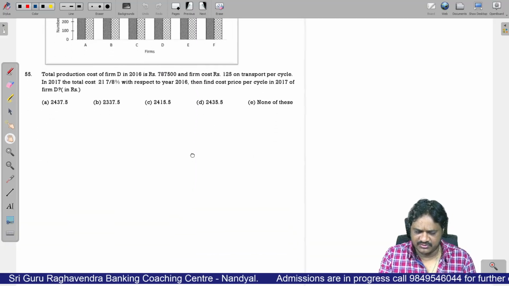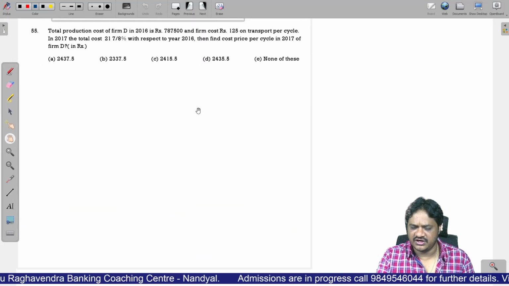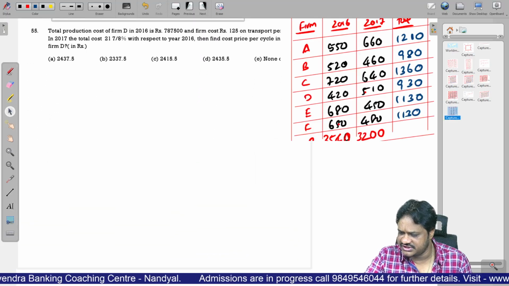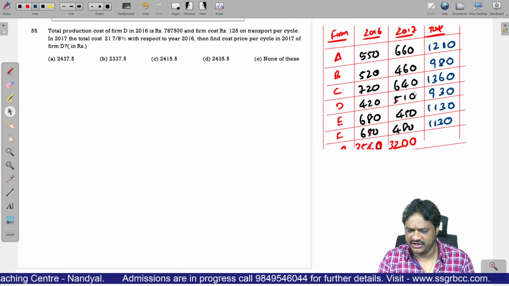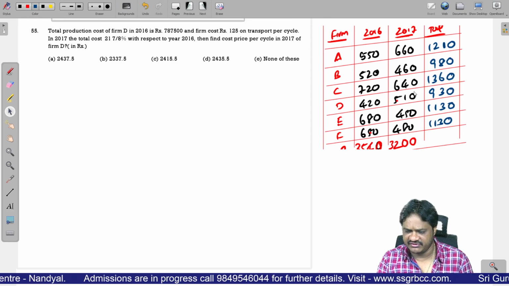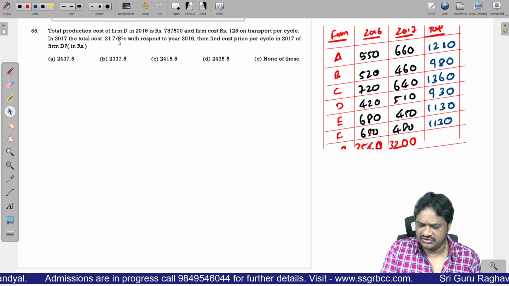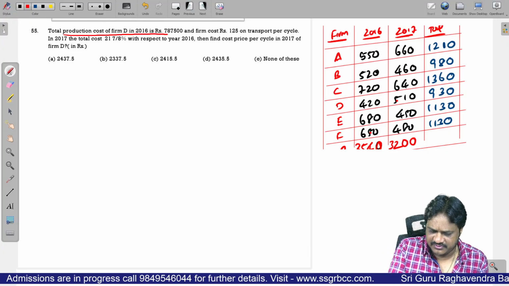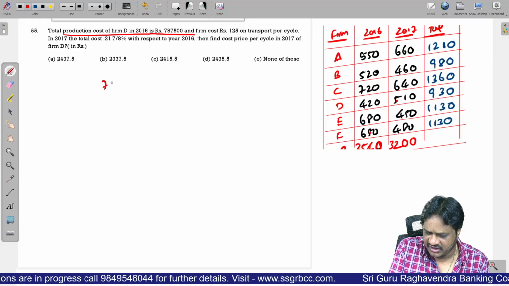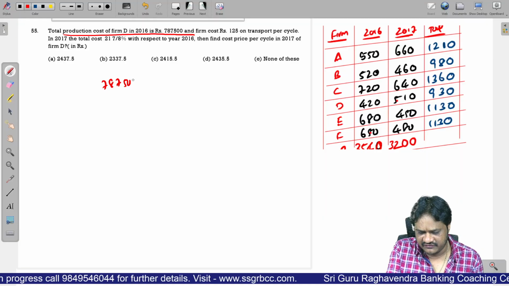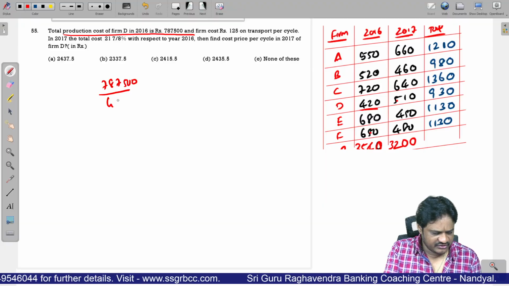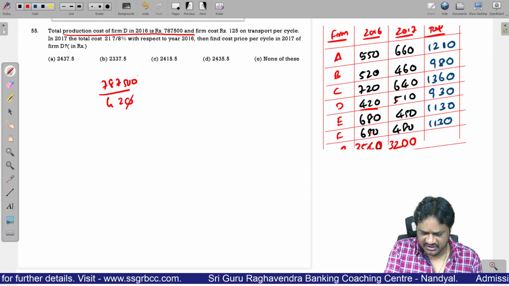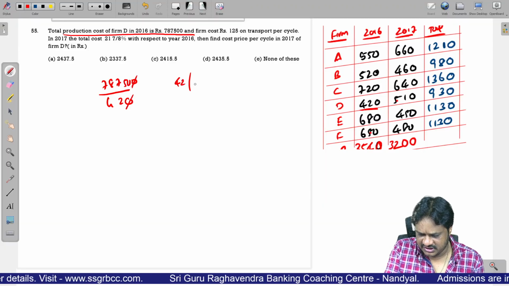If the total production cost of D in 2016 is 7,87,500. So total cost of production of D in 16 is 7,87,500. D, how many cycles are there? 420. Divide that one. Zeros cancel.